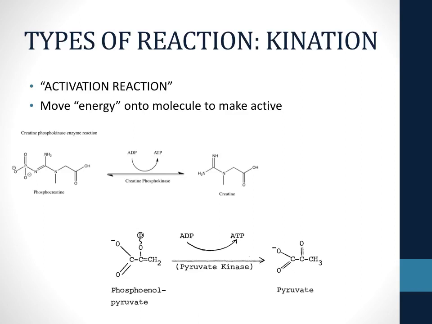So in this case here, we take a phosphate from phosphocreatine and we stick it onto ADP in order to form ATP. Same thing here, we take the phosphate off of PEP, phosphoenolpyruvate, stick it onto the ADP to form ATP.